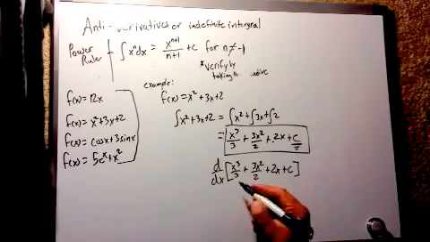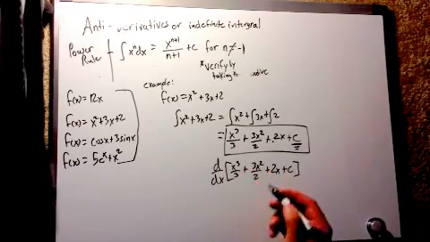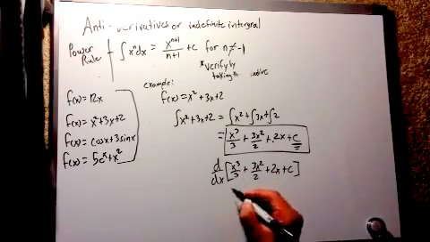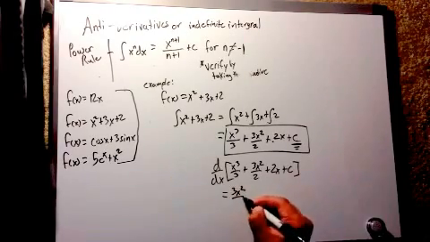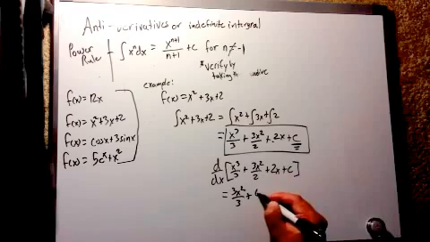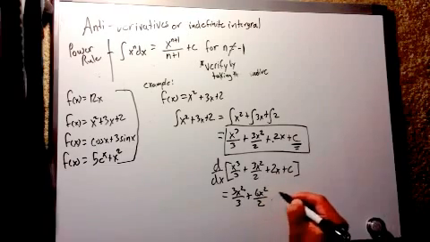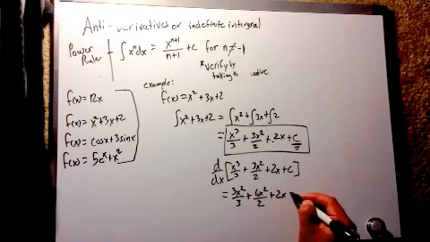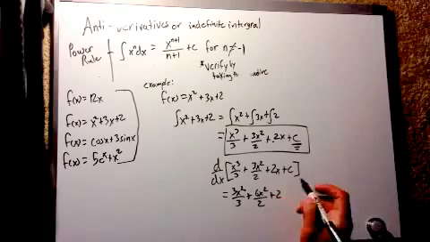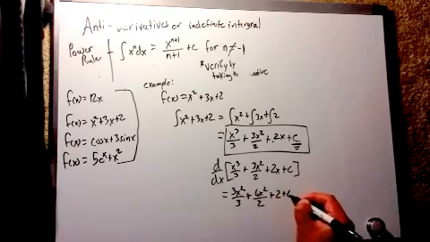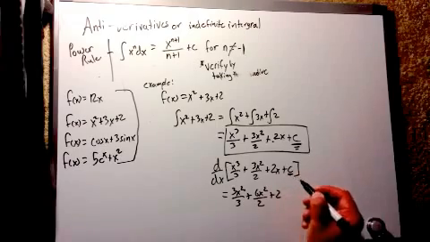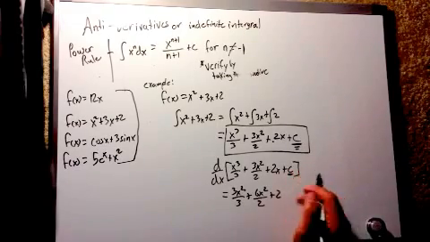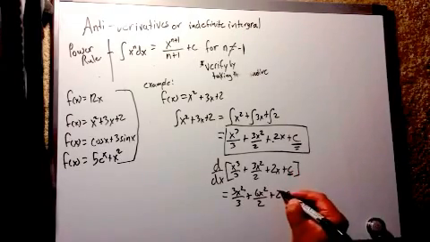We know our power rule, so we move the 3 up front. This is going to equal 3x squared over 3 plus 6x over 2 plus 2, plus c. Well, it isn't going to be plus c, because the derivative of any constant is 0, so we can say plus 0.